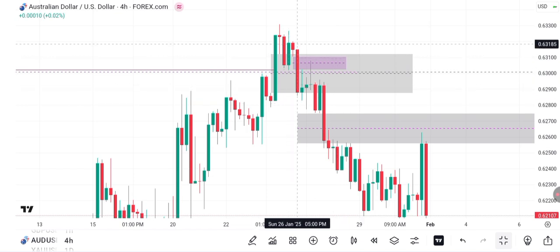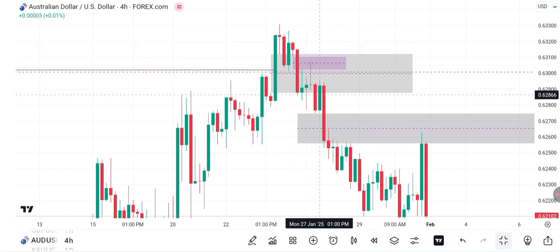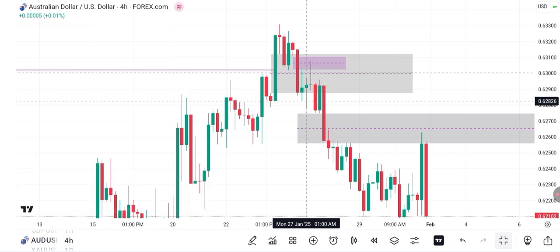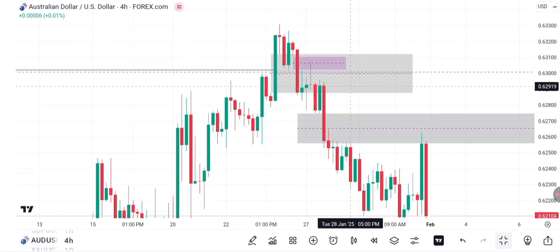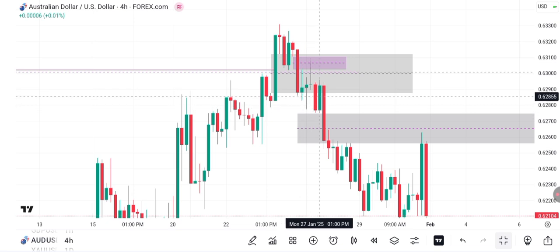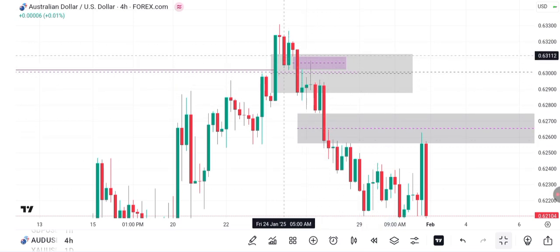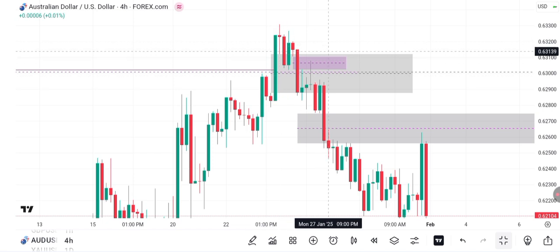So we can see that price in fact closed on this larger fair value gap here. After closing on it, it retreats into this small fair value gap and then continues to trade lower. So this is the price signature that, when I see it inside the fair value gap, tells me it's going to send price lower.